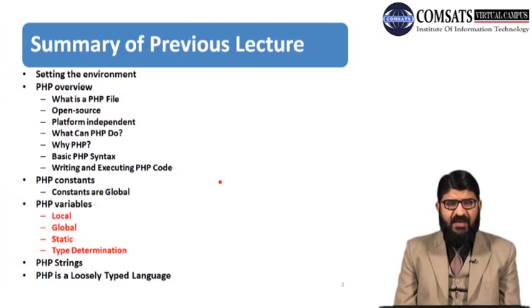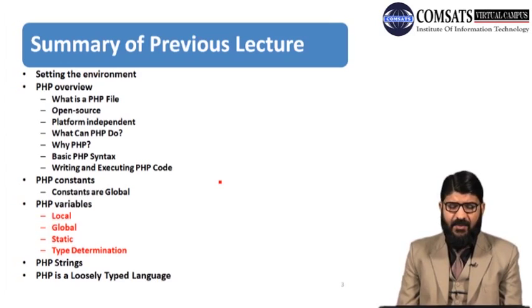And you can save the PHP file with .php extension, and you have to place the PHP files in your www root folder of your WAMP server, and you can check the output of PHP files on the web browser on user side. Then we have seen the PHP constants.